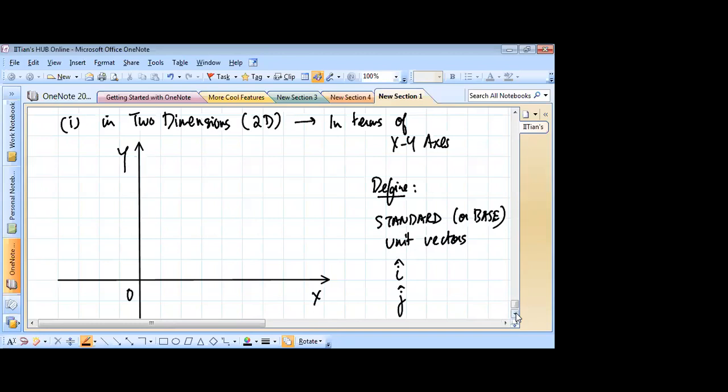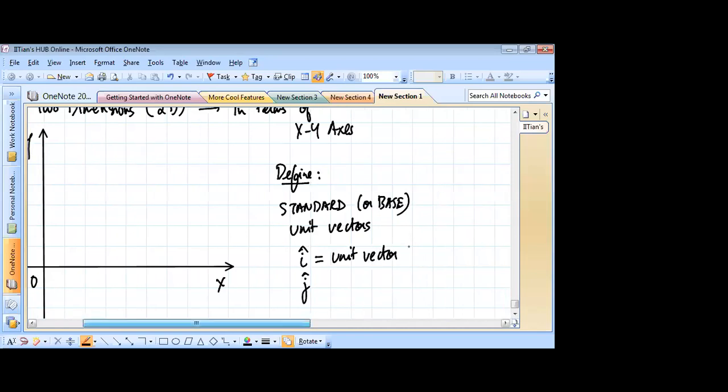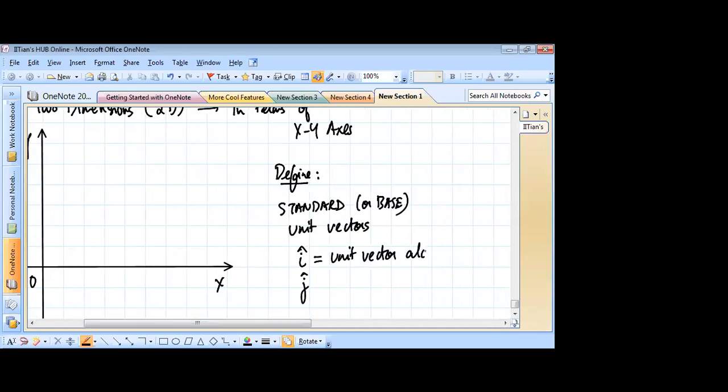If you've seen your module in physics, you would have seen a lot of questions based on these symbols, I cap and J cap. So what do they mean? I cap is a very standard quantity. It's a standard unit vector, which is defined as a unit vector pointing along the positive x-axis.